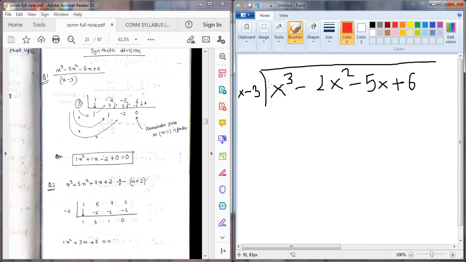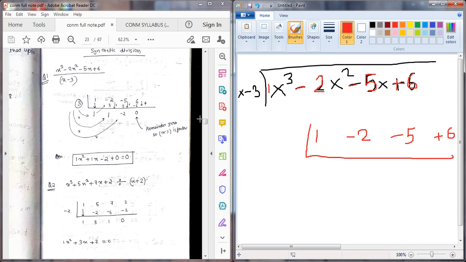It is 1. What is the coefficient of x square? It is minus 2. What is the coefficient of x? It is minus 5. And what is the coefficient of x to the power 0? It is plus 6. So the first thing you need to do is write down the coefficients: 1, minus 2, minus 5, plus 6.